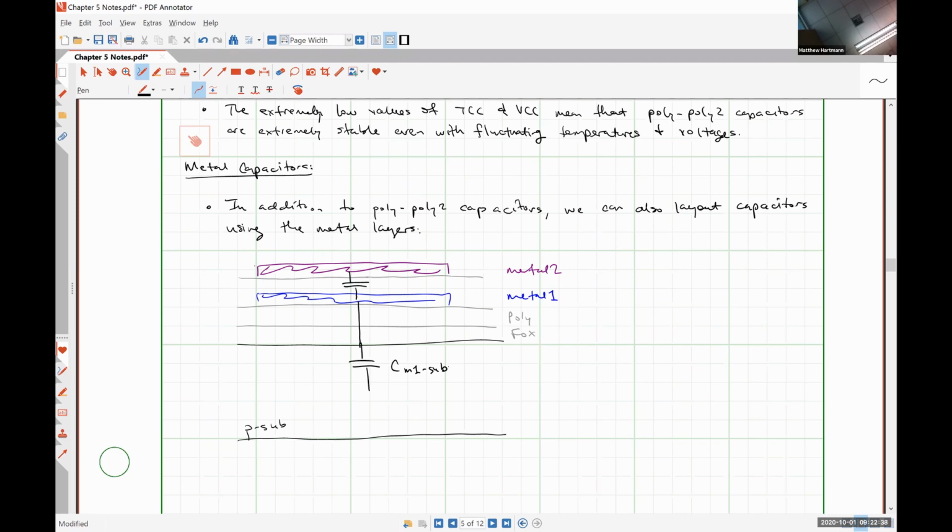So we're going to have a bottom plate parasitic capacitance here as well.